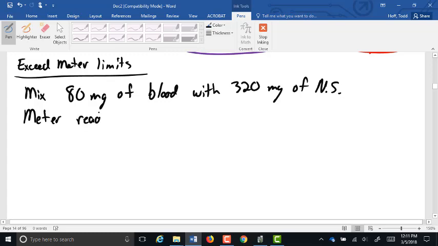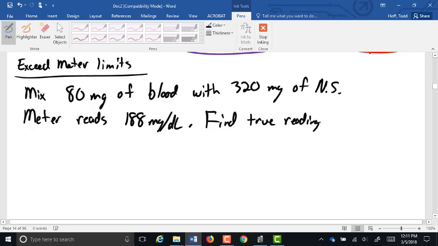The meter reads 188 milligrams per deciliter. Find the true level. Try to find the true reading. I'm going to give you guys about a minute or 2 to work on that. Then we'll discuss that.